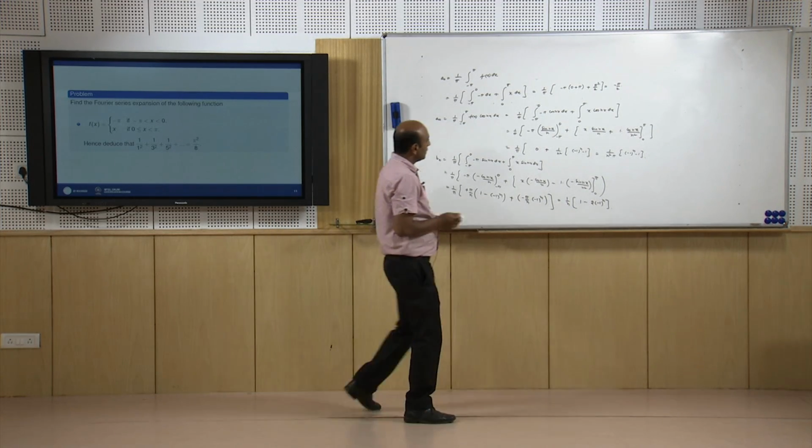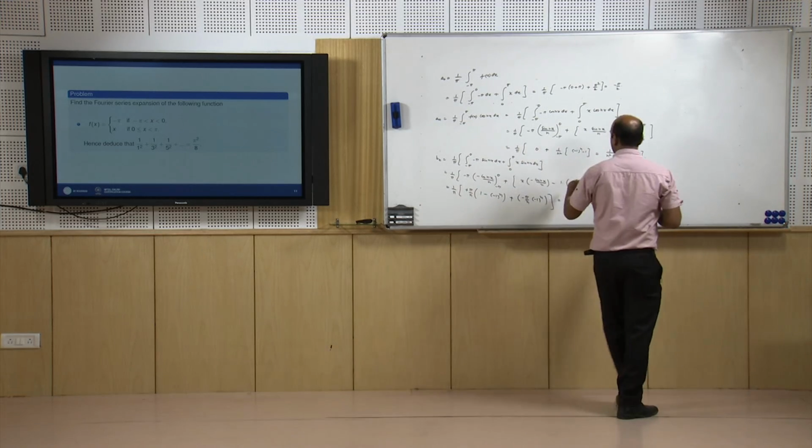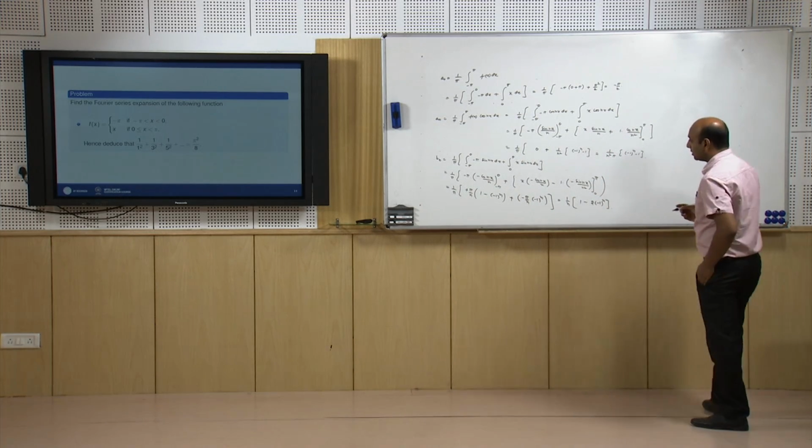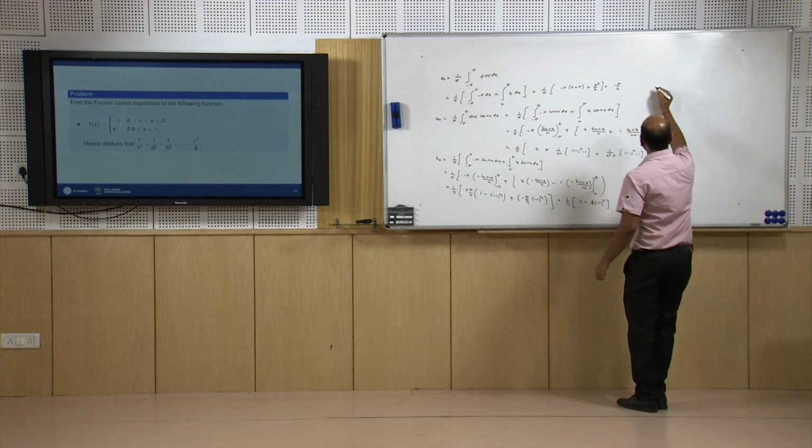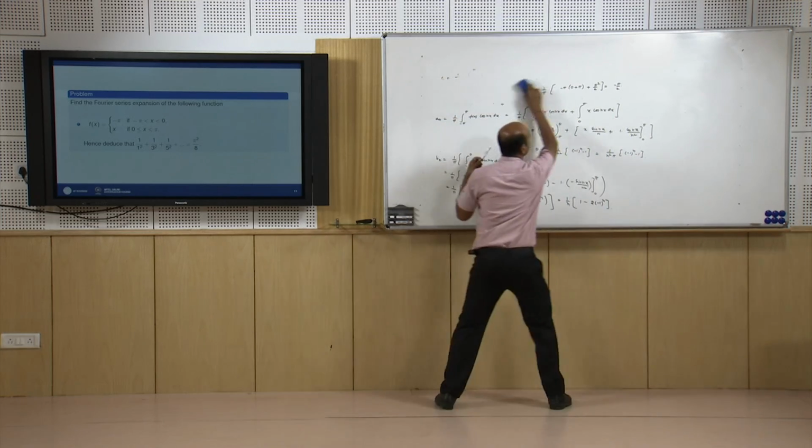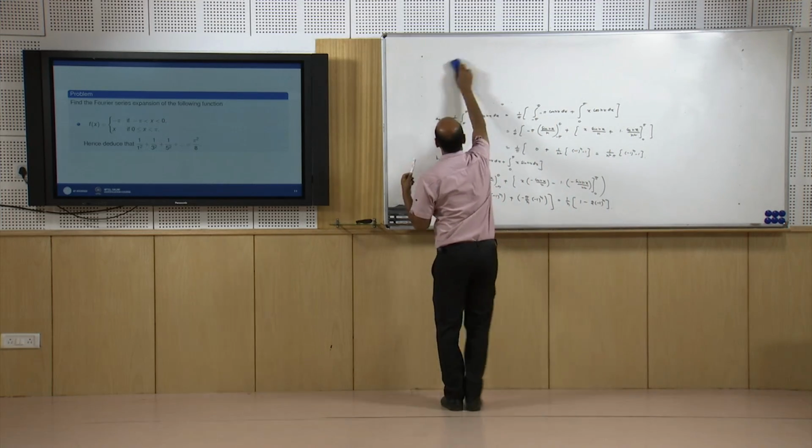So, now we have a naught, a n and b n in our hand. What will be the Fourier series now? A naught is minus pi by 2.